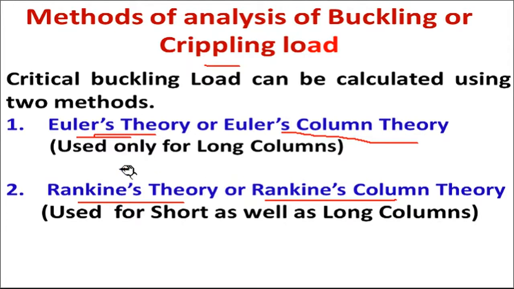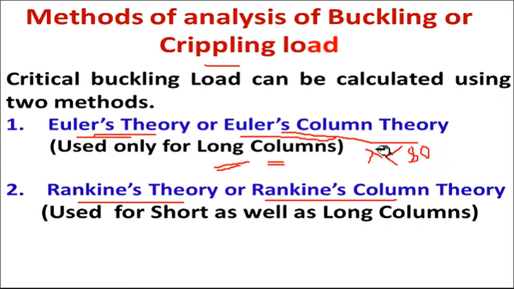So what is the difference between these two? There are some limitations of Euler's theory. Euler's theory is only applicable for long columns. Long columns means, when lambda, the slenderness ratio, is less than 80, Euler's theory is not applicable.